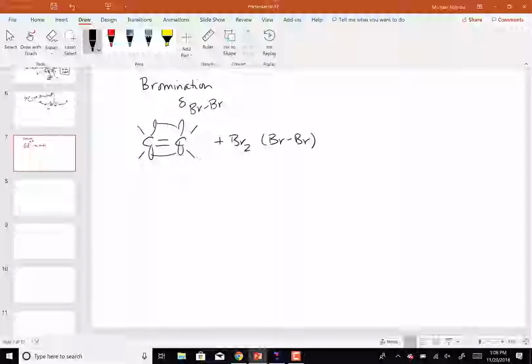So one of the bromines becomes delta plus and the other one becomes delta minus. And that happens when it gets close to the double bond cloud of electrons. So when it does that, those two Brs are going to break apart. And so we're essentially going to add a Br plus to the double bond.